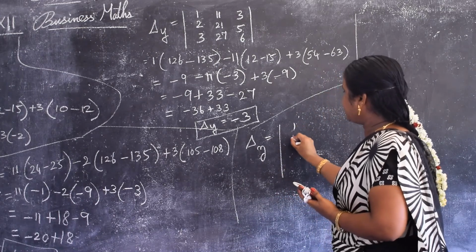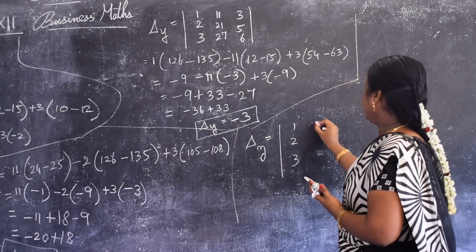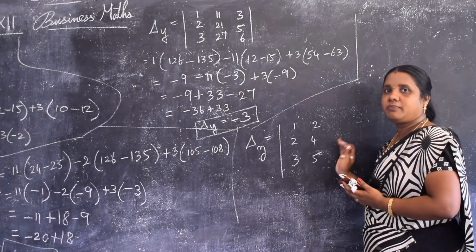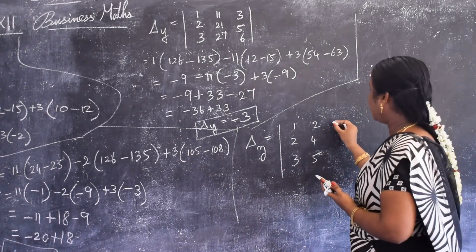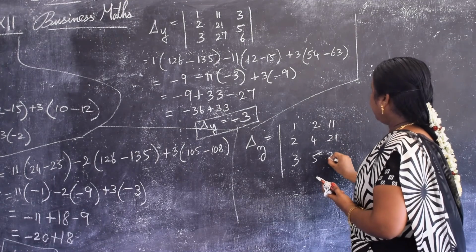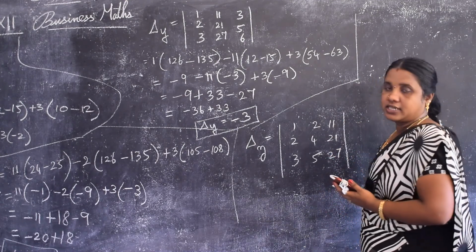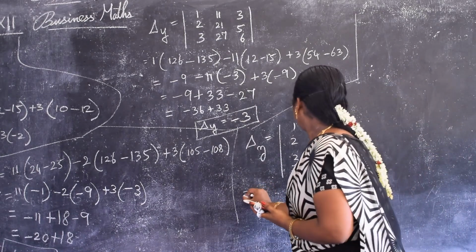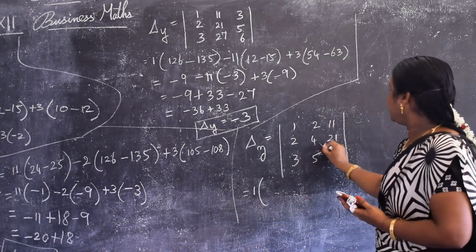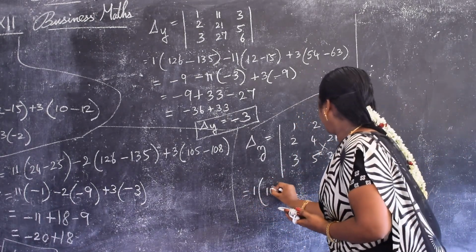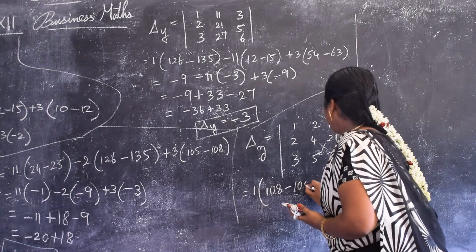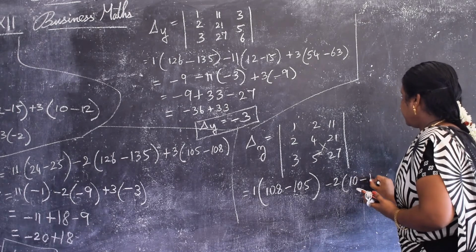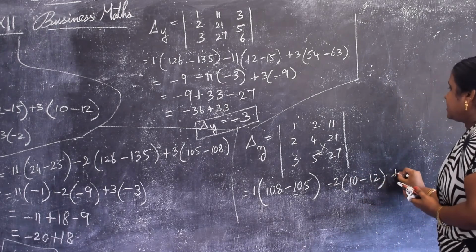Likewise you have to find delta z. What do we do? X you write as such, y also you write as such. Coefficient of y, write as it is. In the place of z, what should we put? 11, 21, 27. This and all, in the last class itself I have explained everything. So listen, now you cross multiply. 108 minus 105, minus 2, 10 minus 12 plus 11.